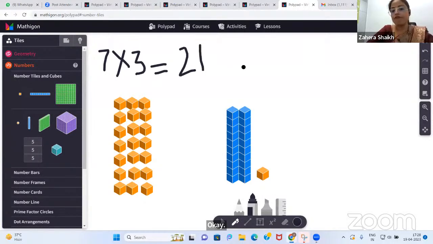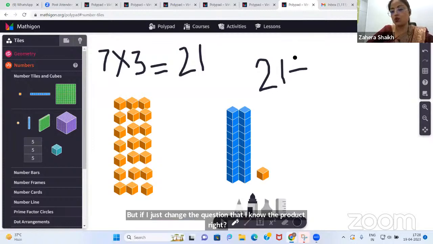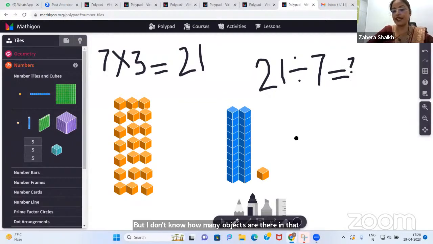But if I just change the question so that I know the product and I know the number of groups as well, but I don't know how many objects are there in that group. I don't know what the group size is, right?